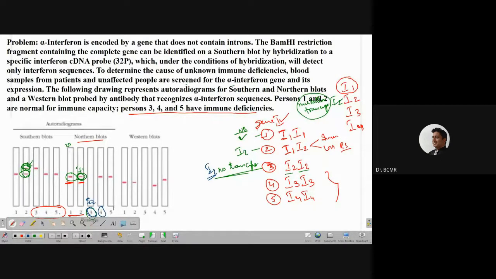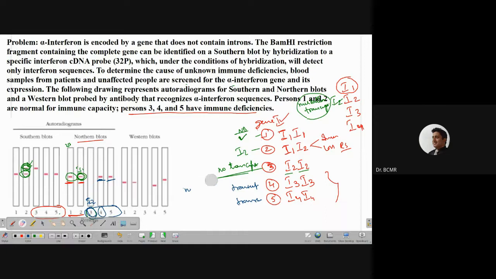It's already decided that 3, 4, 5 have immune deficiencies. So what can you tell about 4? The transcription is normal. There is no problem with transcription, right? Transcription is normal in both the cases, 3 and 4. So I will just put it as transcribed, and this one is also transcribed.